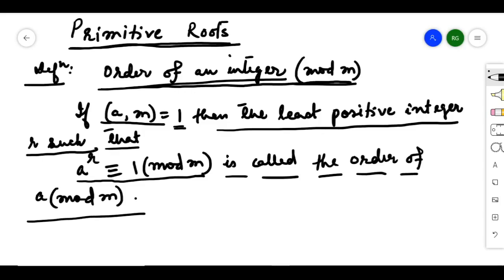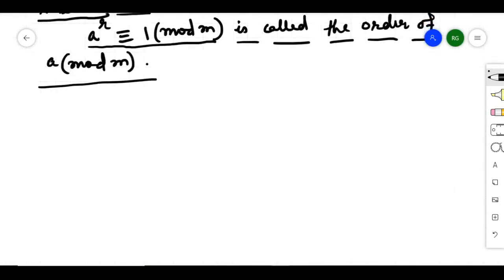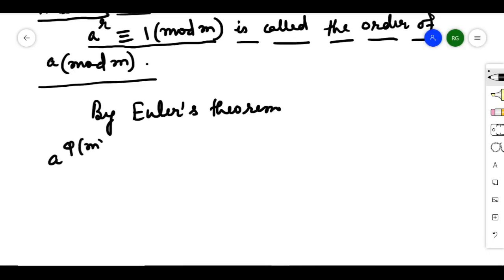Now the question is whether the order of a always exists or not. For that, the answer is we have Euler's theorem. By Euler's theorem, if a and m are relatively prime, then a to the power phi m is congruent to 1 mod m.